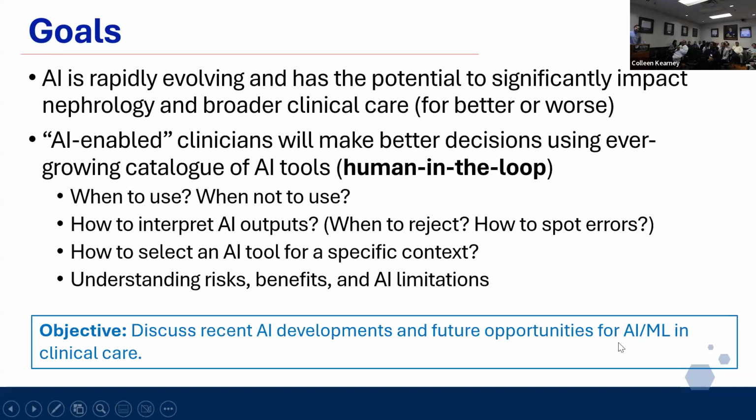So as we all have heard, AI is rapidly evolving and has the potential to significantly impact nephrology and broader clinical care. Whether that impact is positive or negative is up to us.